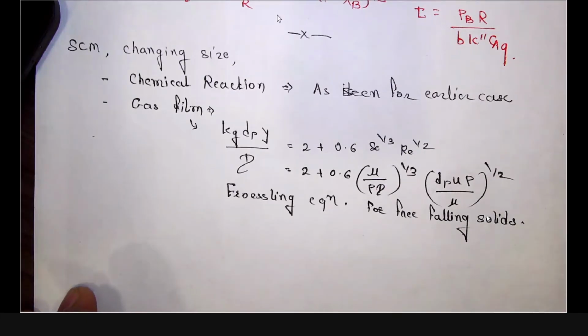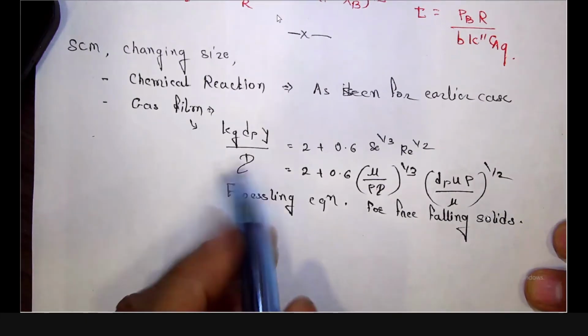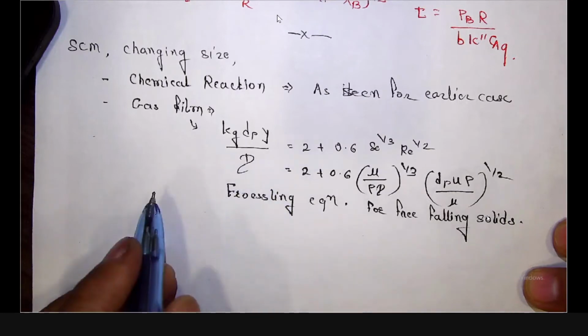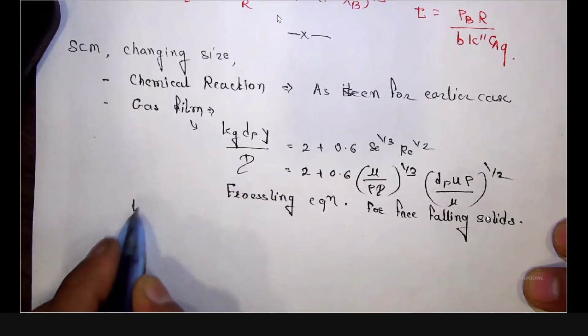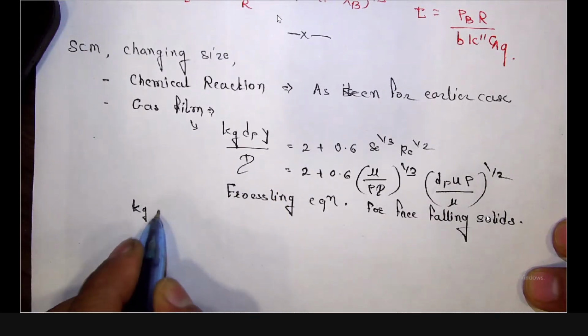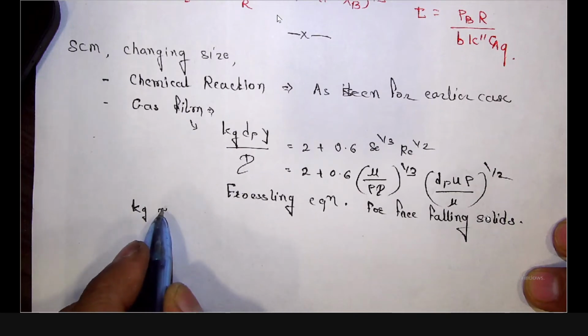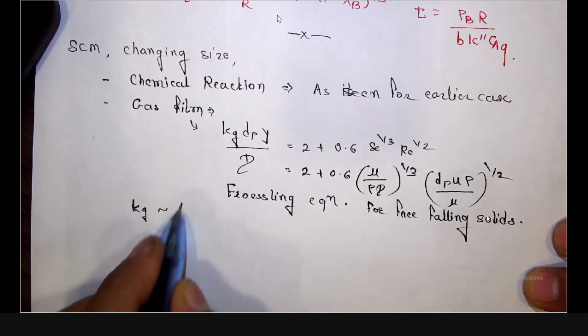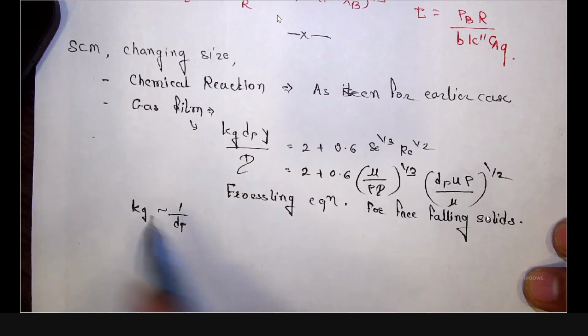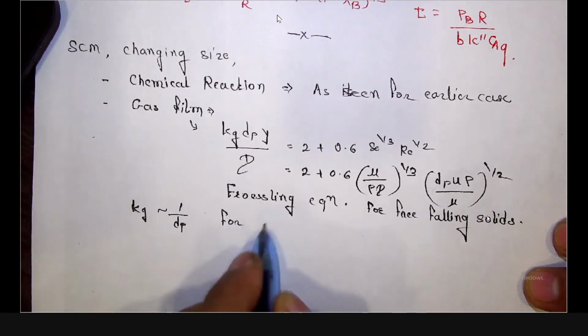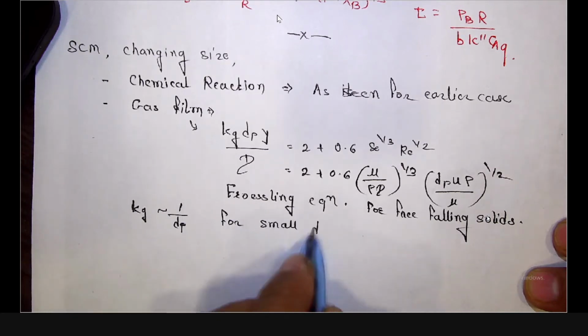So from this particular expression, you can see that this mass transfer coefficient is approximately 1 by dp, and this is the case for small diameter of the particle and velocity.